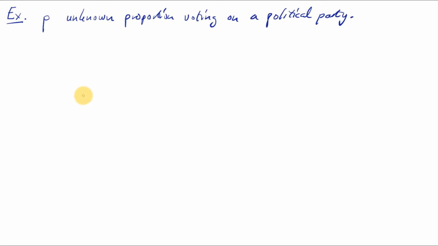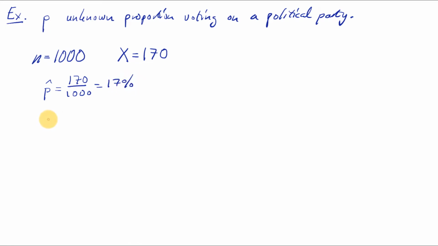So let p be an unknown proportion of people voting for a political party. If you do a random sample of 1,000 people, then let X be the number of people voting for this political party among those 1,000. And assume this is 170 in this sample. Then we want to estimate p based on this sample. The point estimate is given by 170 divided by 1000, so 17%.